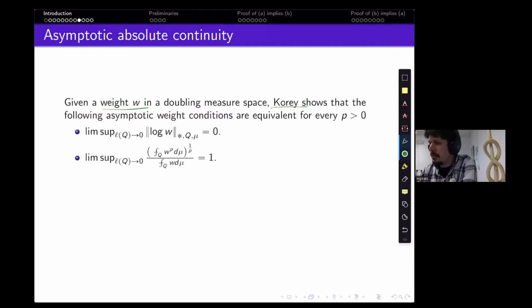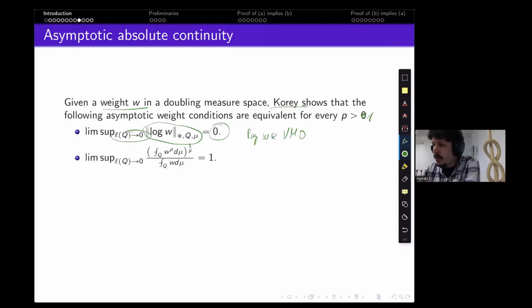I'm not sure. I put greater than 1 just in case. The limsup of this VMO norm as the radius goes to 0 uniformly goes to 0. So this means that the logarithm of W is VMO, as we said in the previous slide.